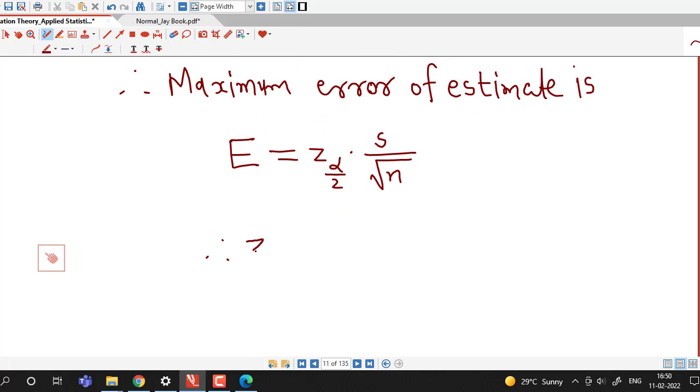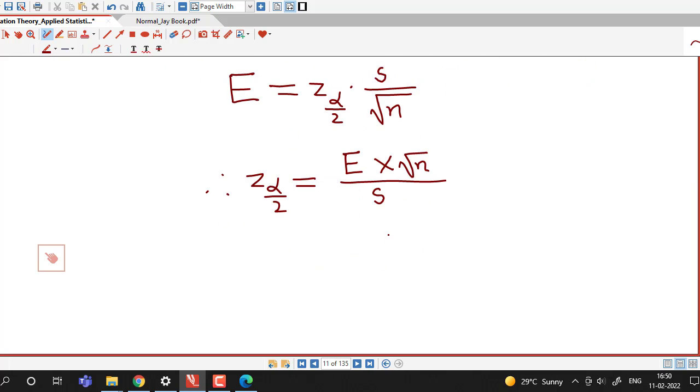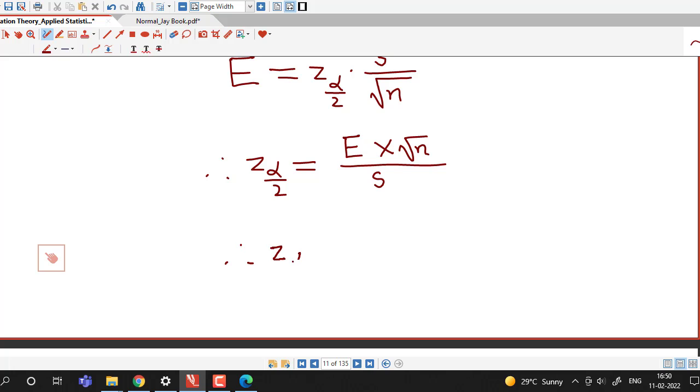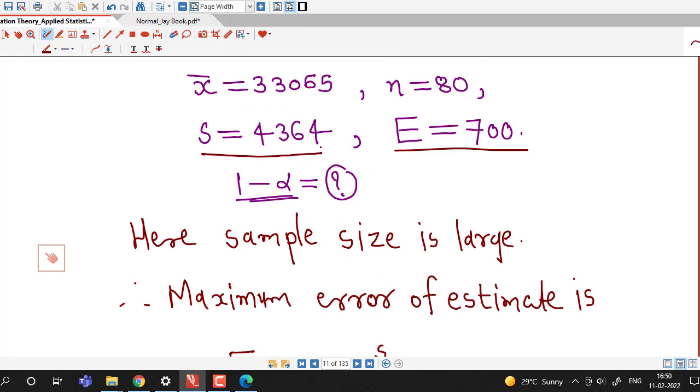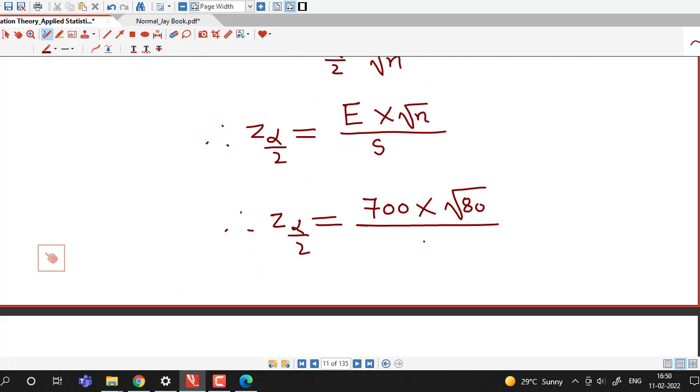We are interested in the confidence level. For that, first we find out value of Z corresponding to alpha by 2 using given quantities. So Z alpha by 2 will be equal to E times square root of n divided by S. Therefore Z alpha by 2 equal to value of E is 700, sample size is 80, and sample standard deviation is 4364.